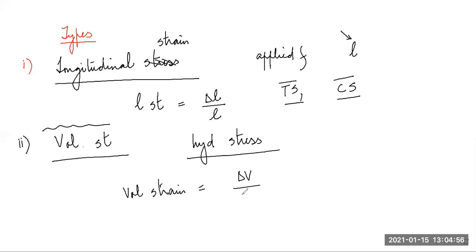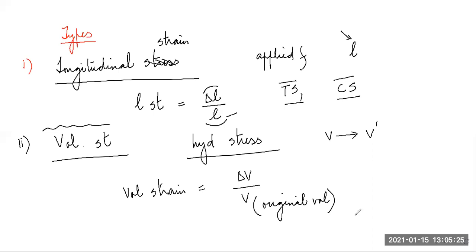V. Beautiful. This was original volume, not V dash. V. Remember, V changed to V dash. But in the numerator, we don't take V dash. In the numerator, we don't take L dash. We take original length. Delta L with respect to original length. Right.